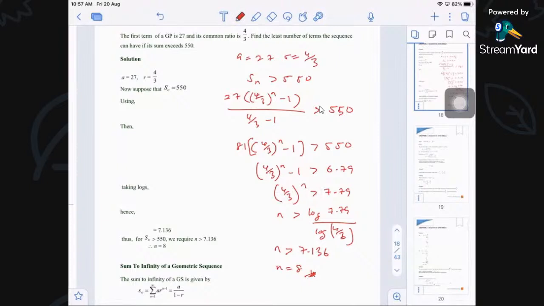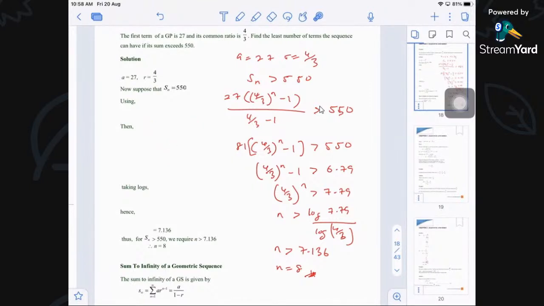Remember, log of anything less than 1 will give me a negative answer. So when I divide, I have to change the symbol of the inequality. Greater than will become less than. I hope that is very clear for you all. You all should have seen this before last time. Just that I'm reminding you all again.